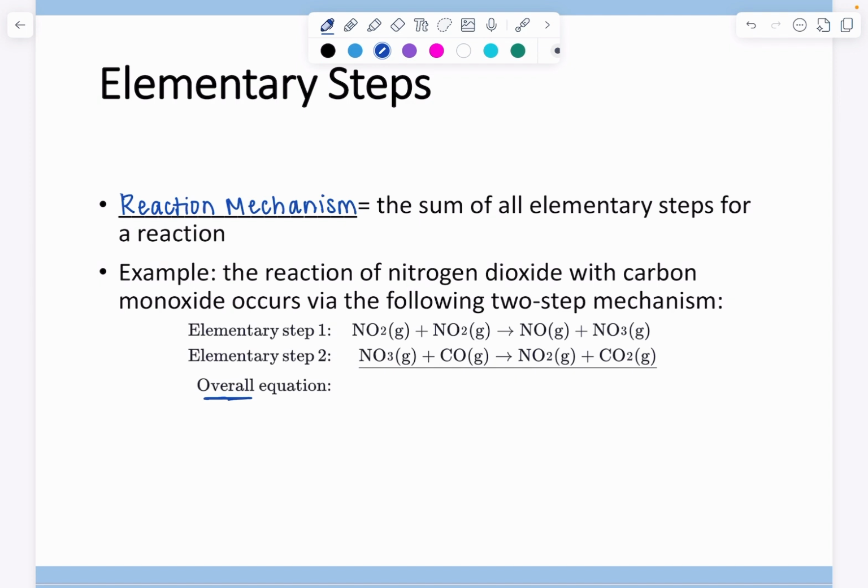So here's a reaction that occurs in 2 steps. Nitrogen dioxide and carbon monoxide react with each other in these 2 steps. And we can use this information to write out the overall equation for the reaction mechanism.